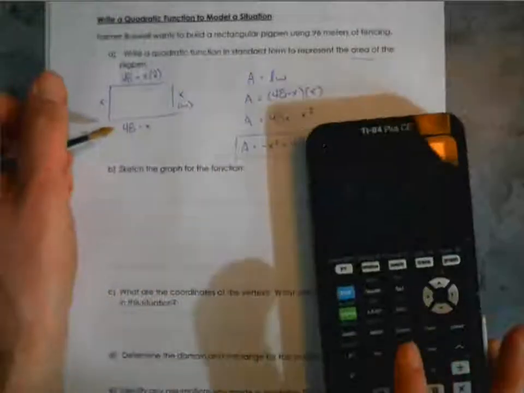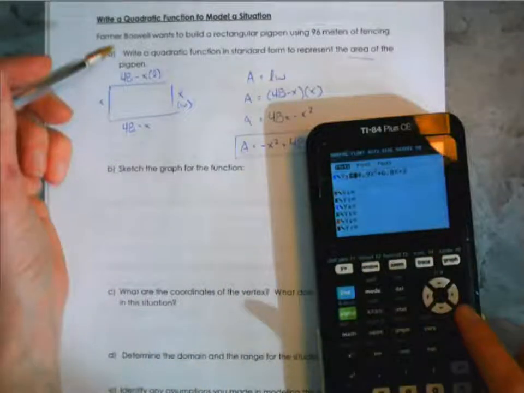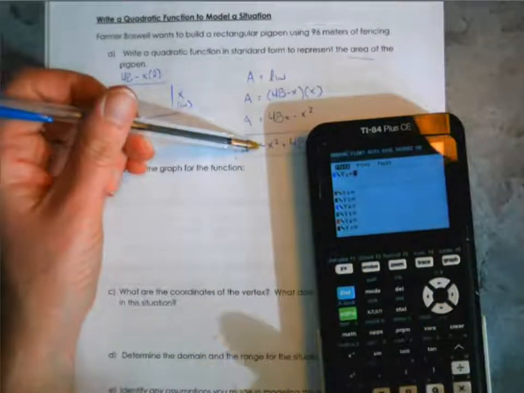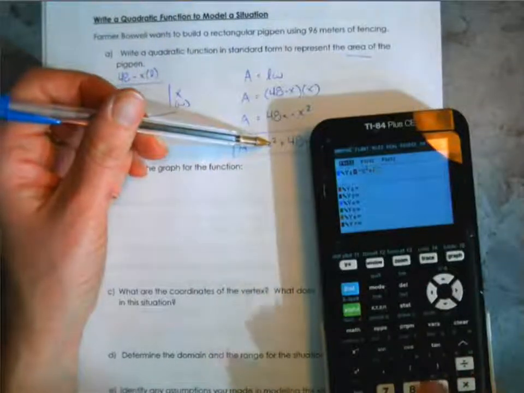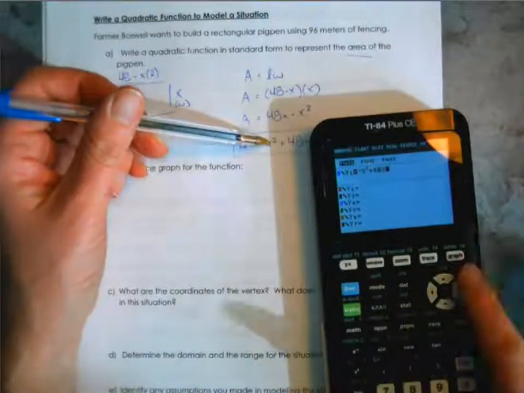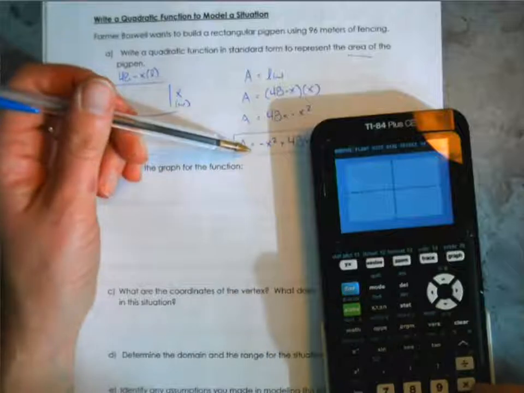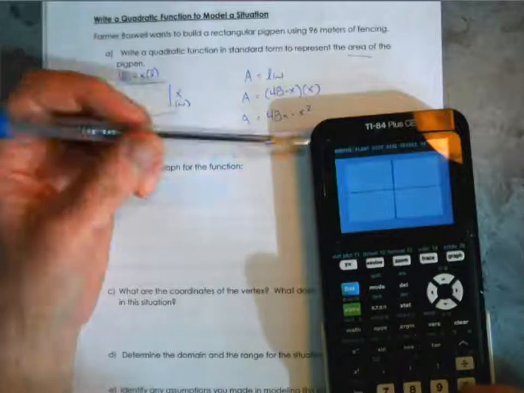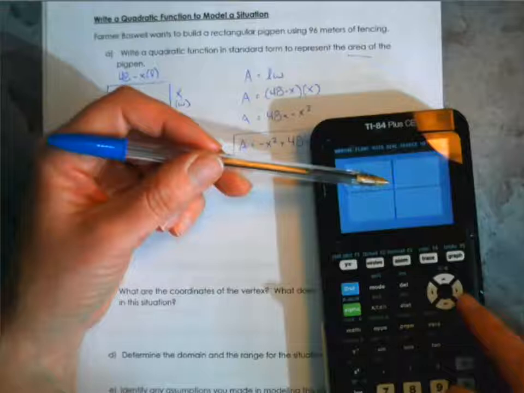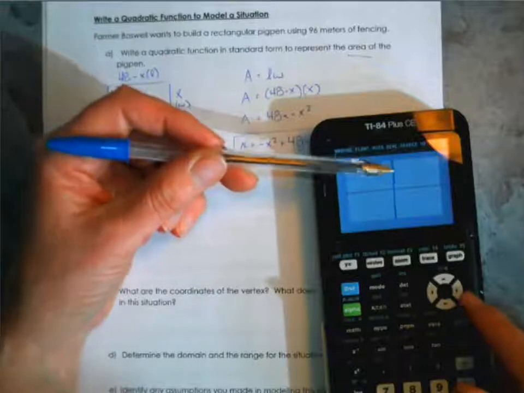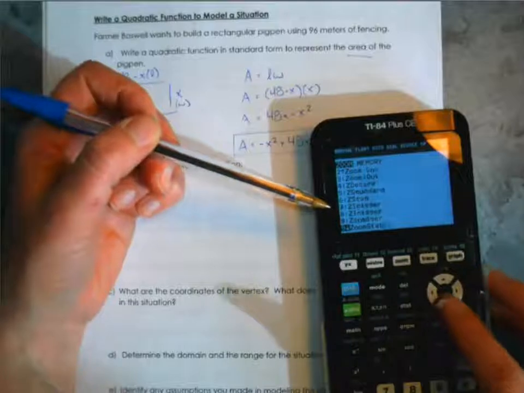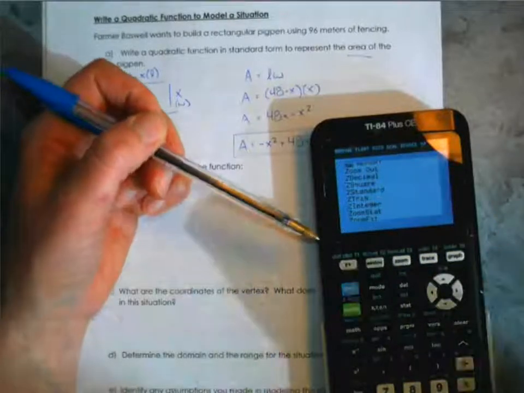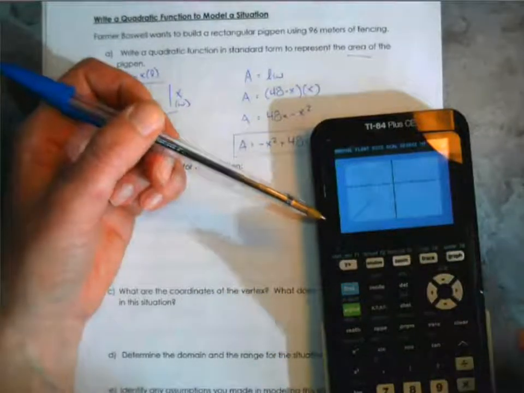Now it's asking us to sketch the graph, so let's go in and actually plot it out. So we have negative x squared plus 48x, and let's go into our graph. Now here you can see that this graph is not even close to fitting on here. So I'm going to go to zoom, and I'm going to see if I can do zoom fit, so I can get a little bit of a better idea.